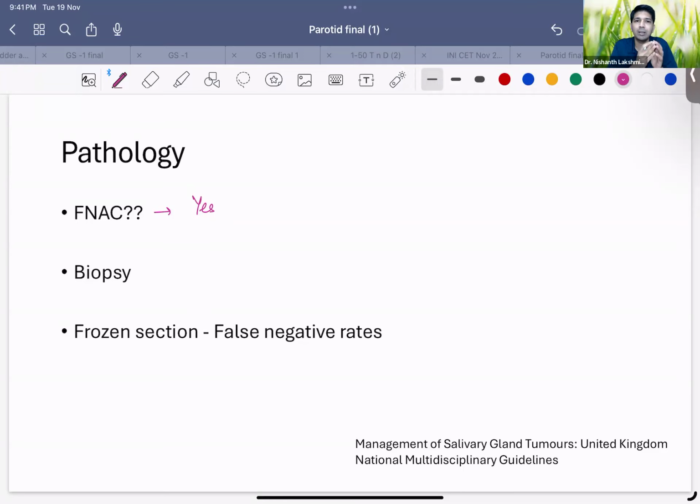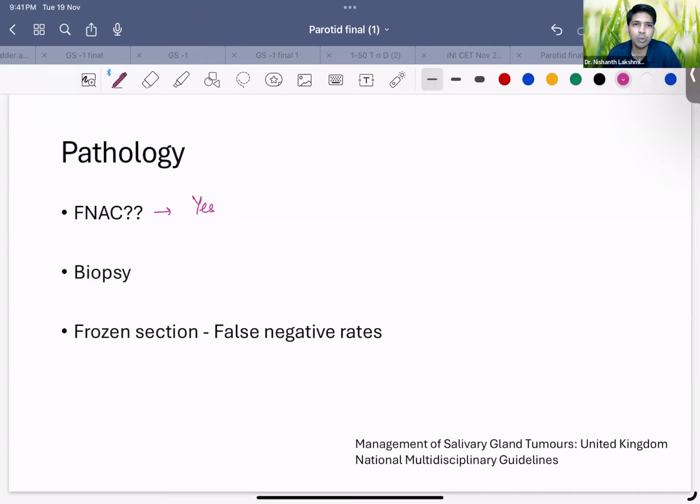The second point is that you can't base your treatment just on imaging. I told you that pleomorphic adenoma and low-grade malignant tumors look almost similar on imaging. So in such a scenario, let us take out pleomorphic adenoma and replace it with Warthin's tumor. Is there something called a wait and watch policy for Warthin's tumor?